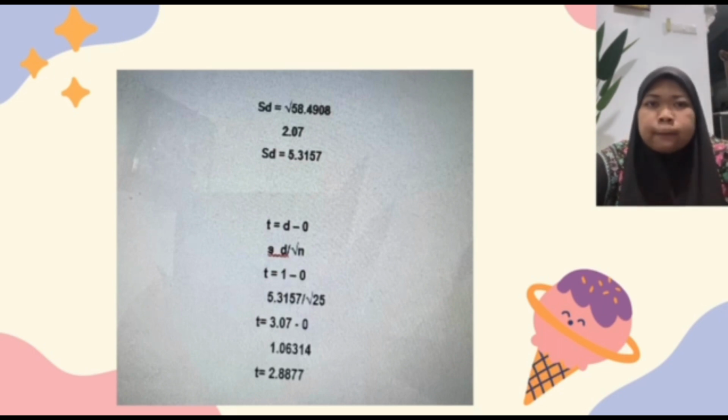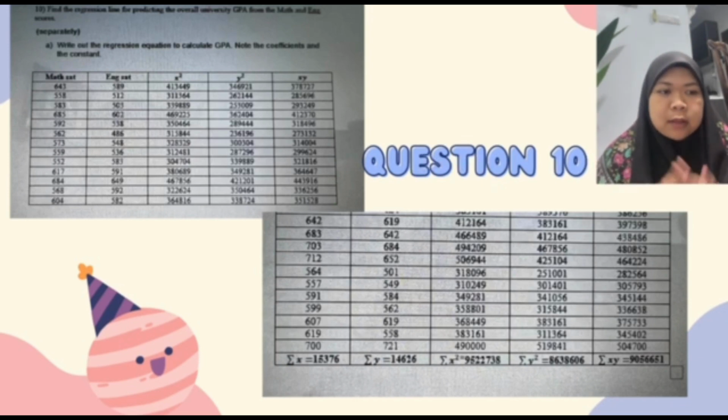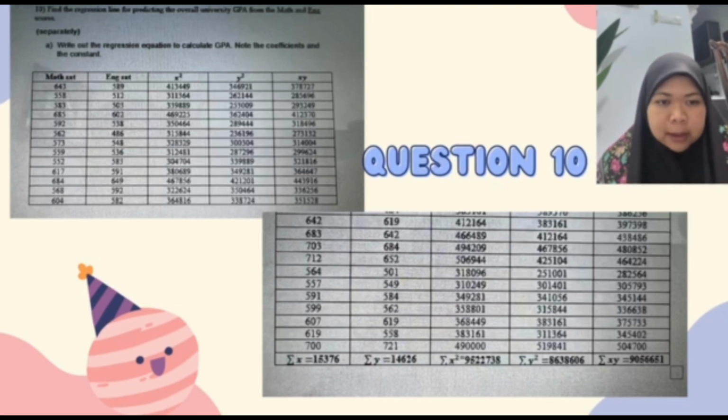For all the total we got 2.877. For question 10, we need to calculate the GPA, the coefficient and the constant. Firstly, we need to separate the totals of x, y, x squared, y squared and xy, and as usual add all the numbers in their columns.